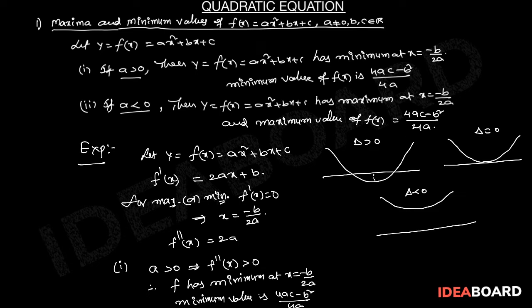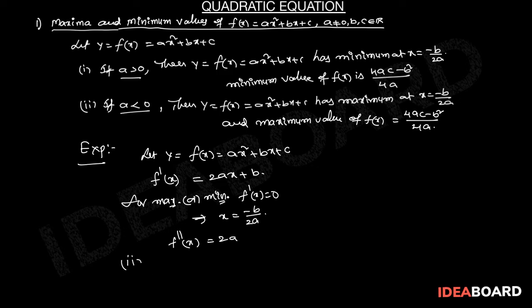In any case, f has a minimum at x = -b/2a. Here also minimum at x = -b/2a. Here also x = -b/2a. Minimum value is (4ac - b²)/4a.